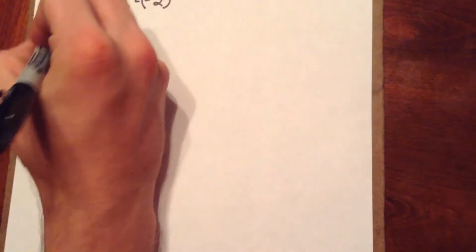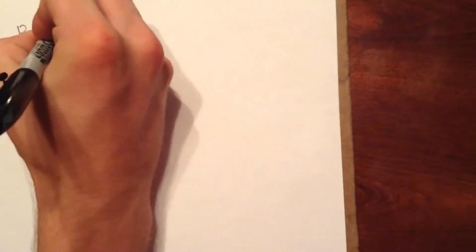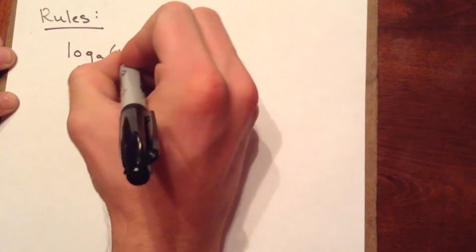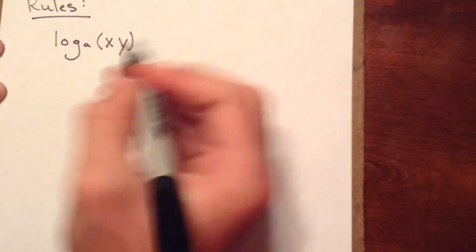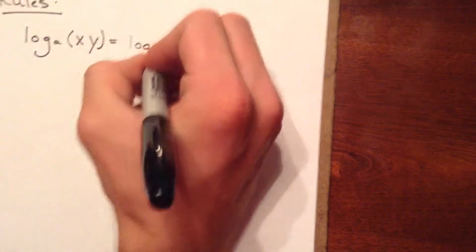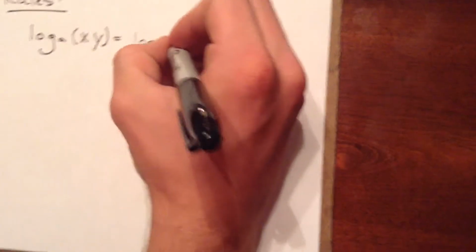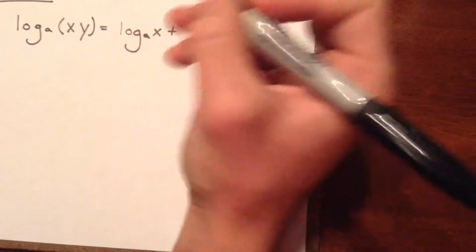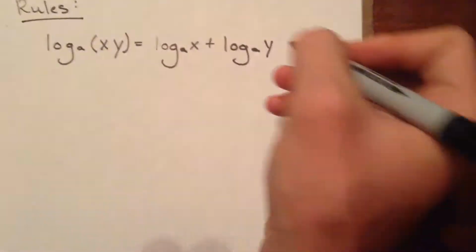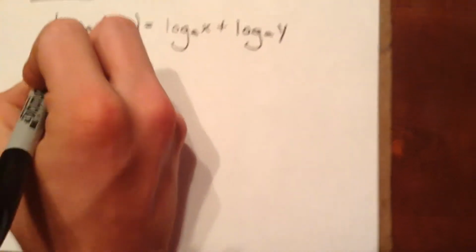Okay, so here's a few rules for you. The first rule is if we have a log of a and we have two variables being multiplied, such as this, all you're going to do is take the log of your first variable, x, and simply add it to the log of your second variable, y.